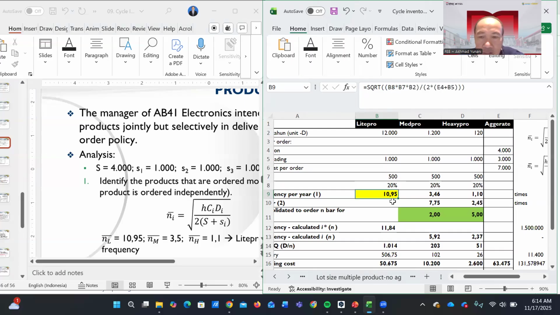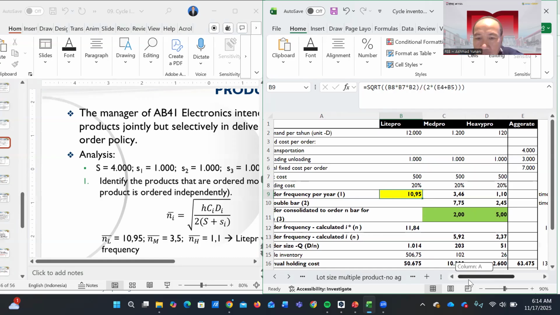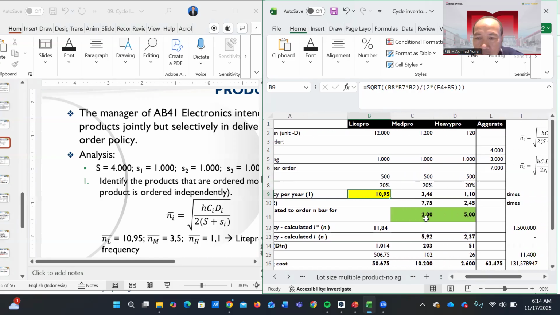And then using the same way, we find that the order frequency for Mac Pro will be 3.46 times, and for Heavy Pro is 1.10 times.